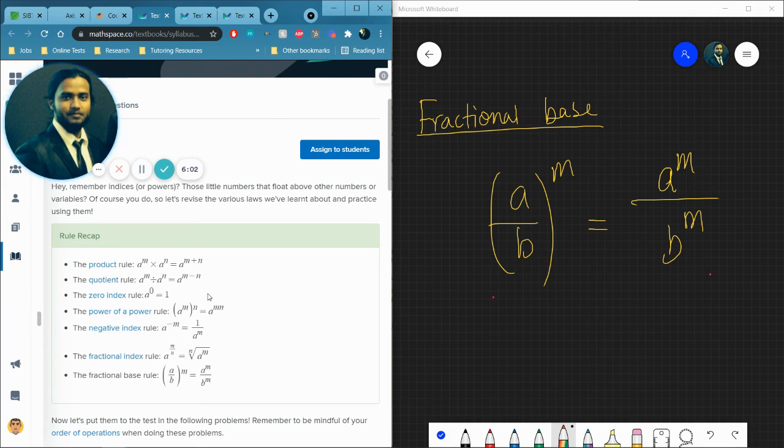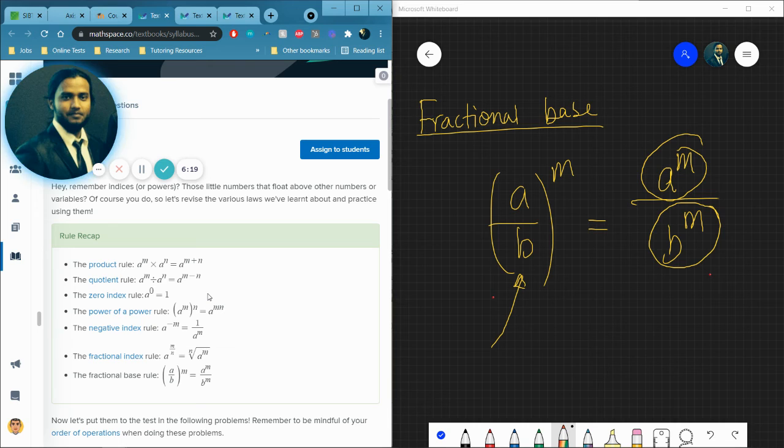I'll repeat it again. You divide something and then raise to the power, which is the same thing as doing the powers first and then dividing. This will give you the same result. So this is the fractional base rule.